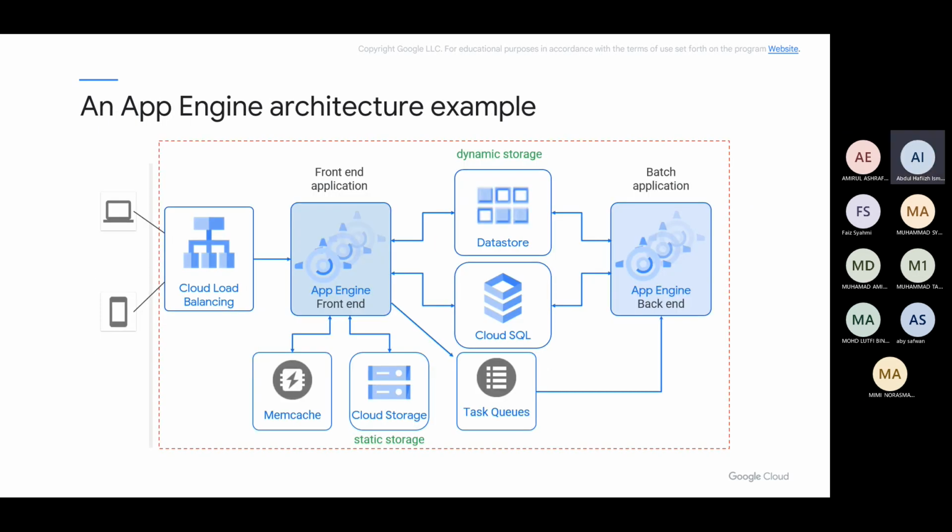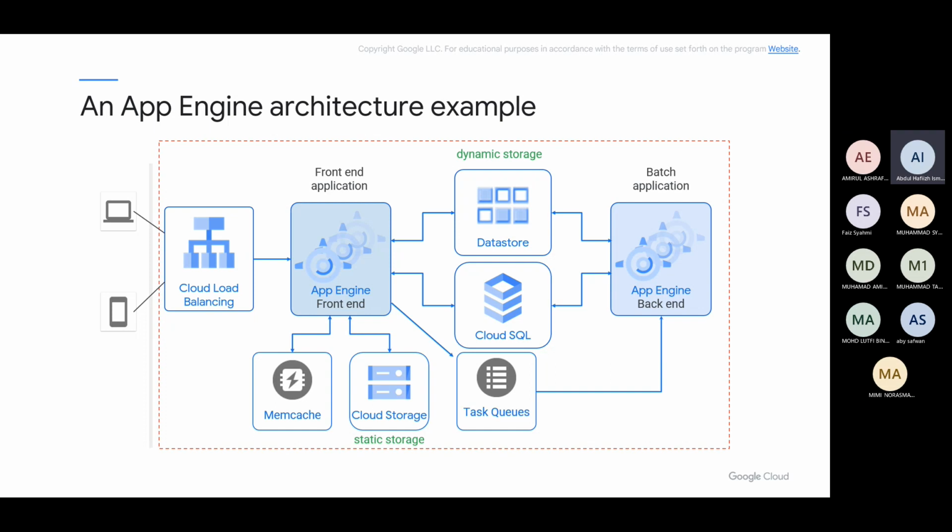The front end is often critical to the user experience. To ensure consistent performance, the built-in load balancer will distribute traffic to multiple front ends and scale the front end as necessary. The back end is far more intensive processing.